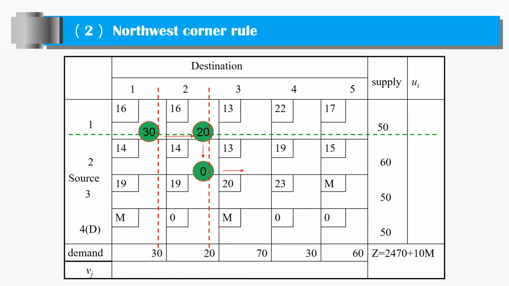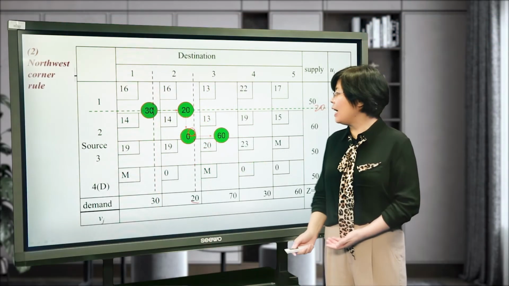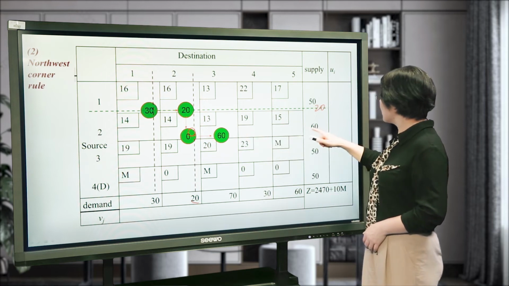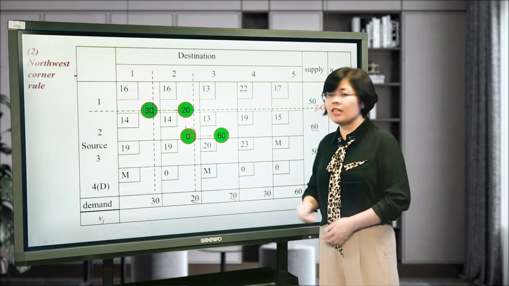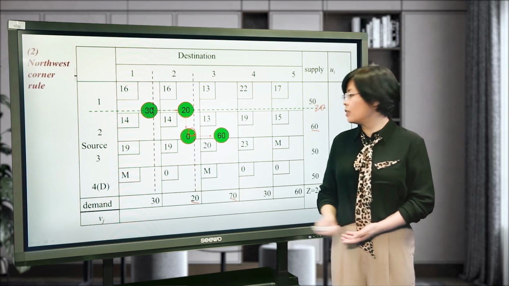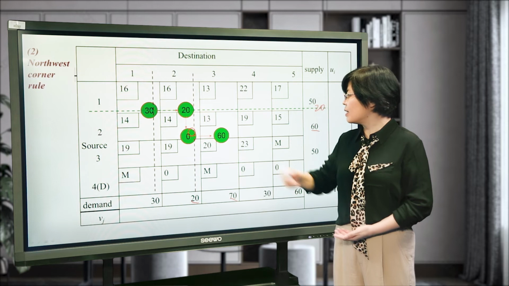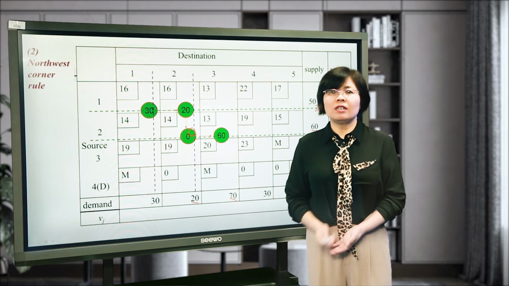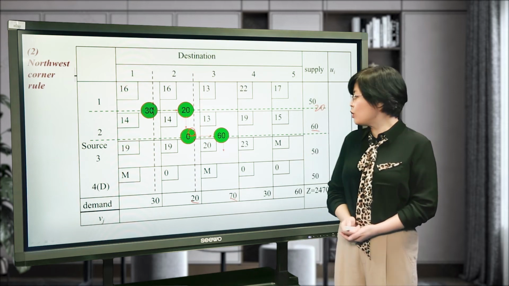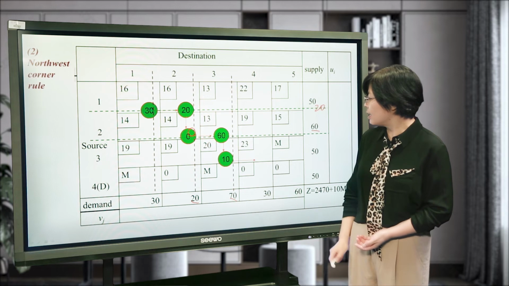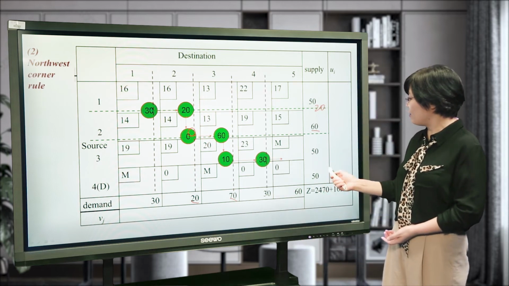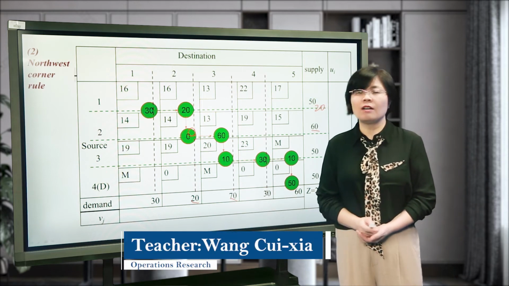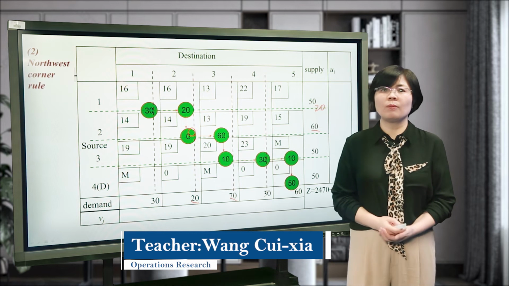Then go to the next, x13. We found that the supply is 60 and the need is 7. So we allocate 60 to it. Okay, now continue in this manner. We eventually get the initial BF solution by the northwest corner rule.